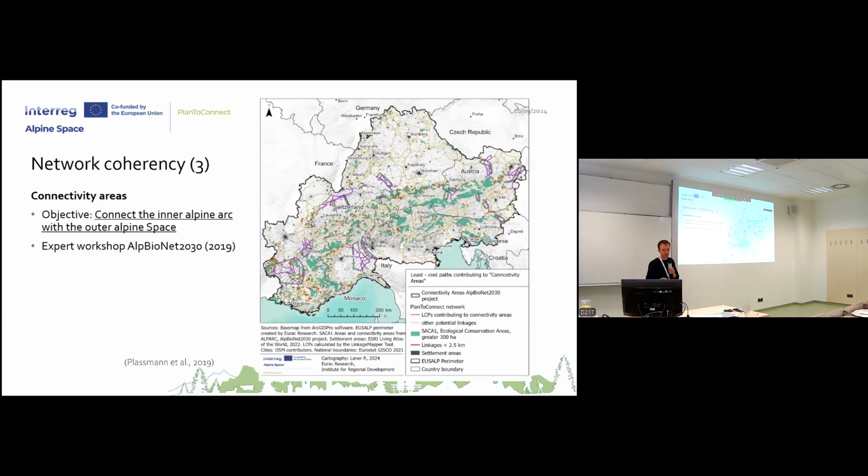And third, we used these so-called connectivity areas. You can see them here in dashed lines. These are linkages coming out of an expert workshop in the AlpBioNet project, and those are the areas which are connecting the inner alpine space with the outer alpine space.